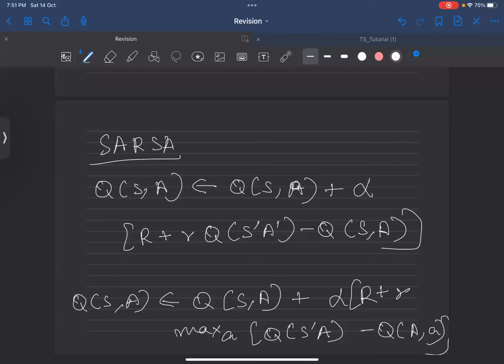So we do not require to select the next state in Q learning. But in case of SARSA, we need to select the next state. That's why we can have a policy in case of Q learning.